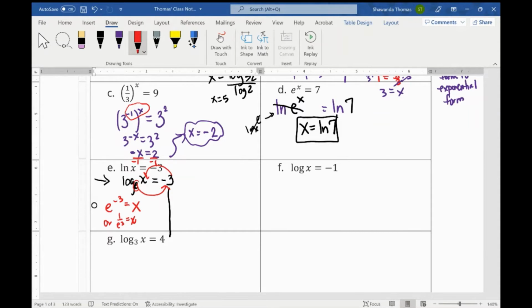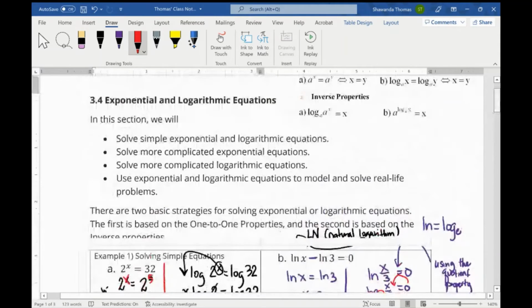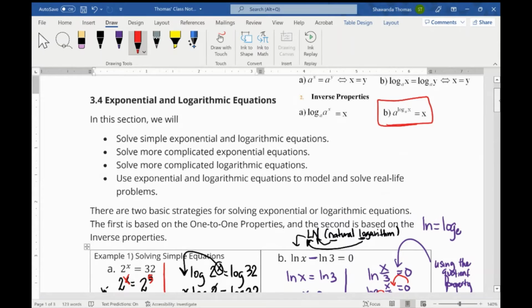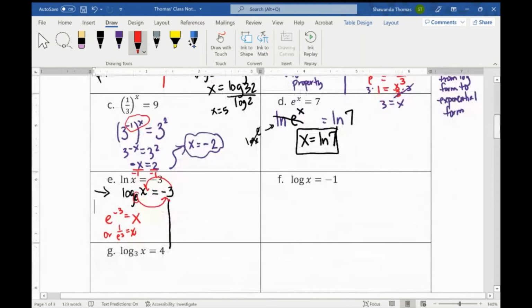All right, another way though, let's try using this inverse property here, the B part. Notice it has a log, but if these bases are the same, then we can cancel that log part, and it only leaves x. You can use that if you like. I prefer just changing it to exponential form, the first method.